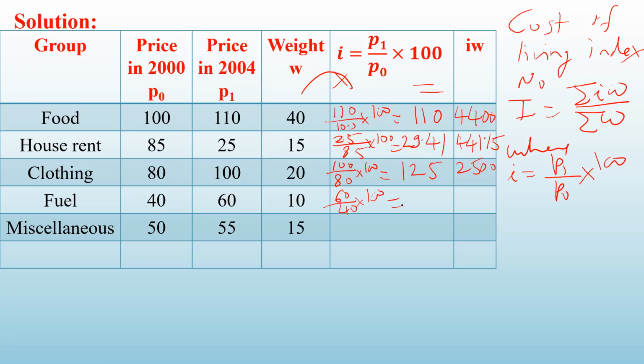That gives you 150. And when you multiply it by 10, you will get 1500. Next one, 55 divided by 50 into 100. That is 110. And when you multiply it by the weight 15, you get 1650. Okay. So in this way, we have completed the table.